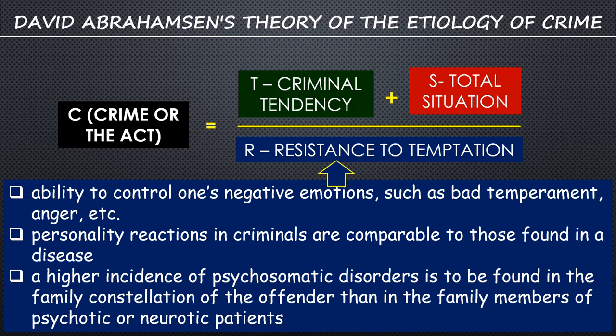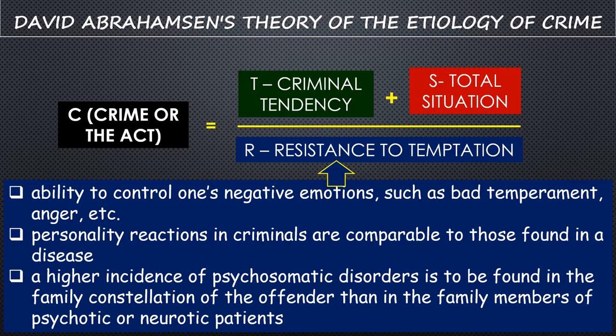So if your ability to control your negative emotion, your bad temperament, your anger, is greater than your tendency to commit crime and the situation at that time, then you will never commit crime. But if your ability to control your temperament or your anger is lesser than the total situation and your tendency to commit crime, then according to David Abrahamsen, you are most likely to commit a criminal act.